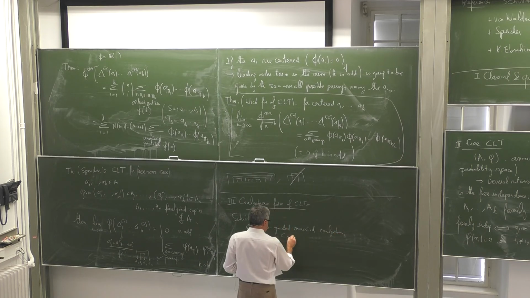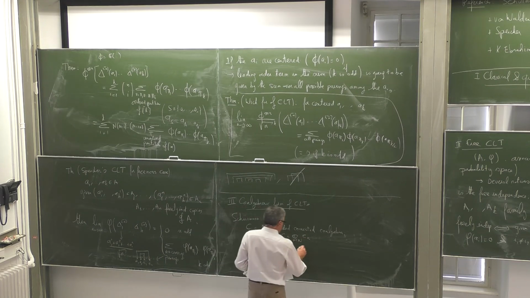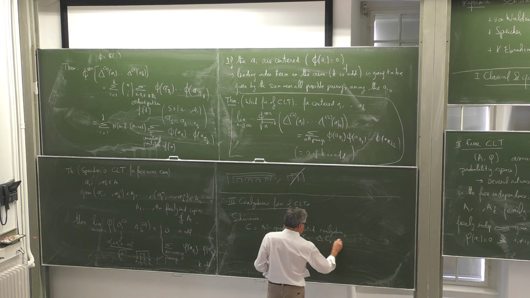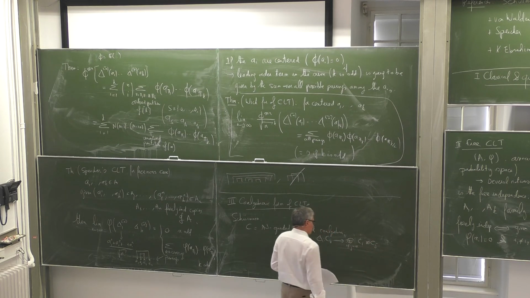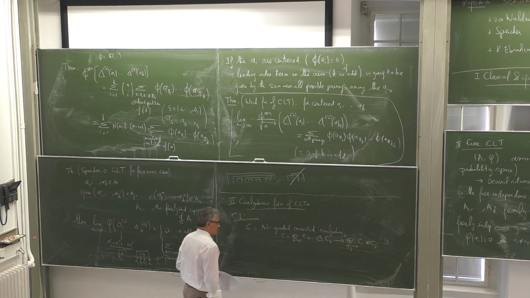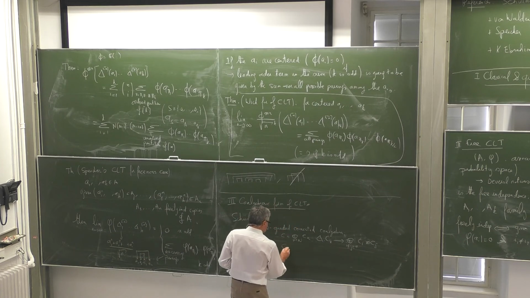So this means that C decomposes as a direct sum of components, that the coproduct maps Cn to the direct sum of the Ci tensor Cj, where i plus j is equal to n, and connected means that C0 is equal to the ground field.